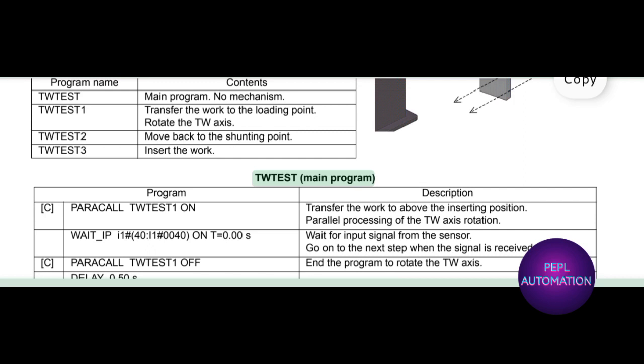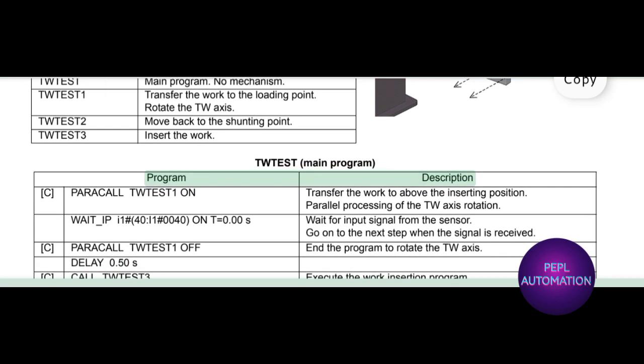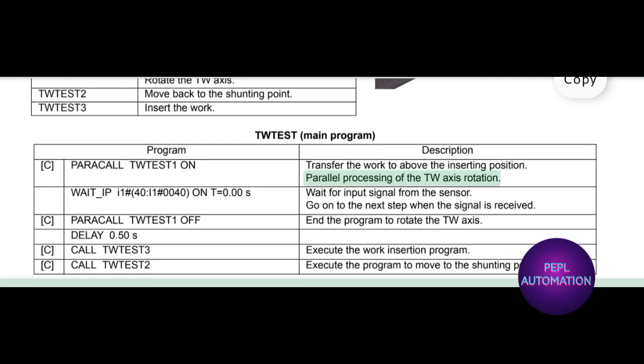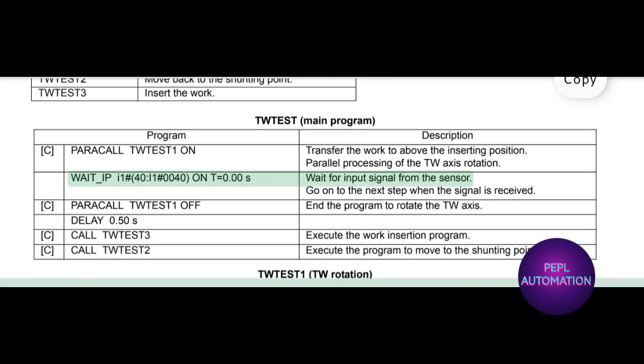TWTEST main program. Program description. PARACALL TWTEST1 on: transfer the work to above the inserting position, with parallel processing of the TW axis rotation. WAIT_IF I1 number 40, I1 number 0040, on, T equals 0.00s: wait for input signal from the sensor.